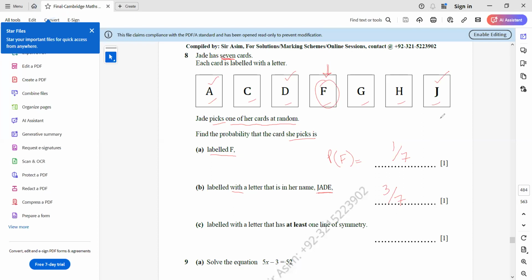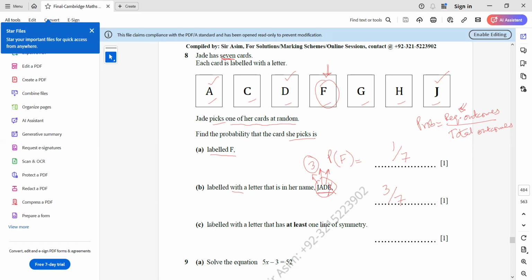Since you know that probability means required outcomes divided by total outcomes. In this case, our required outcomes were the letters which are found in Jade's name. J is there, A is there, D is there, E is not. So 3 are there out of total 7. So that's why the probability is 3 by 7.